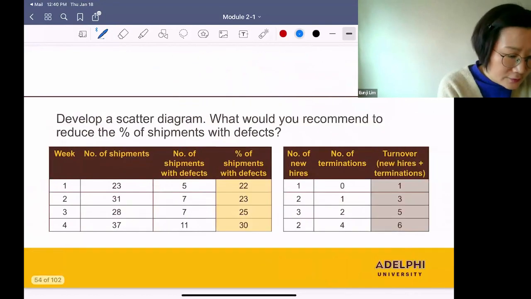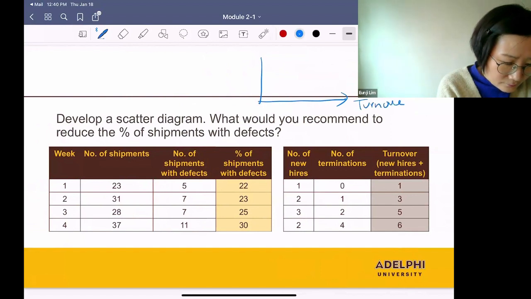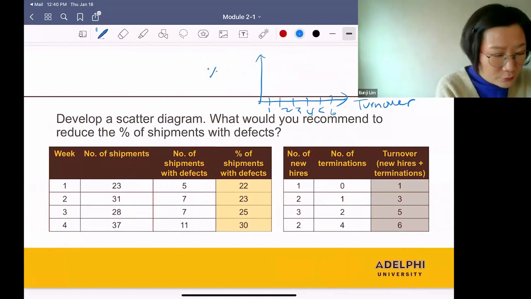So let's draw the scatter diagram. The turnover, it's 1, 2, 3, 4, 5, 6, etc. And the y-axis is the percentage of shipments with defects.